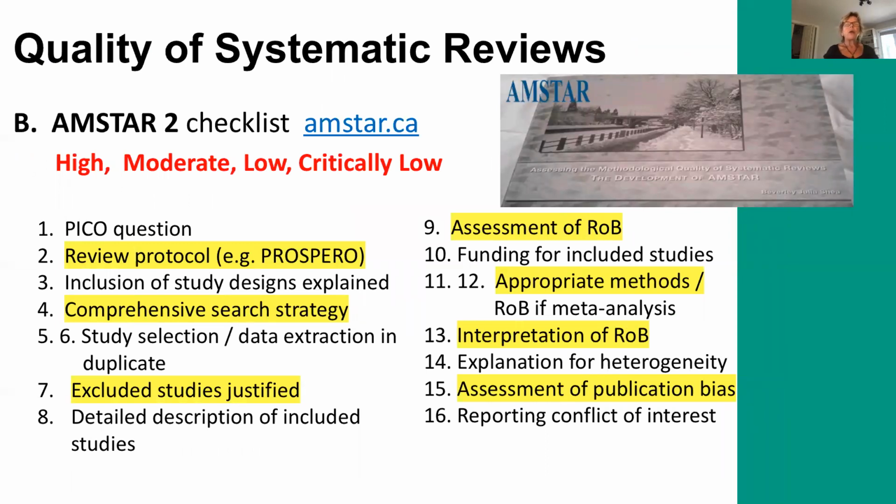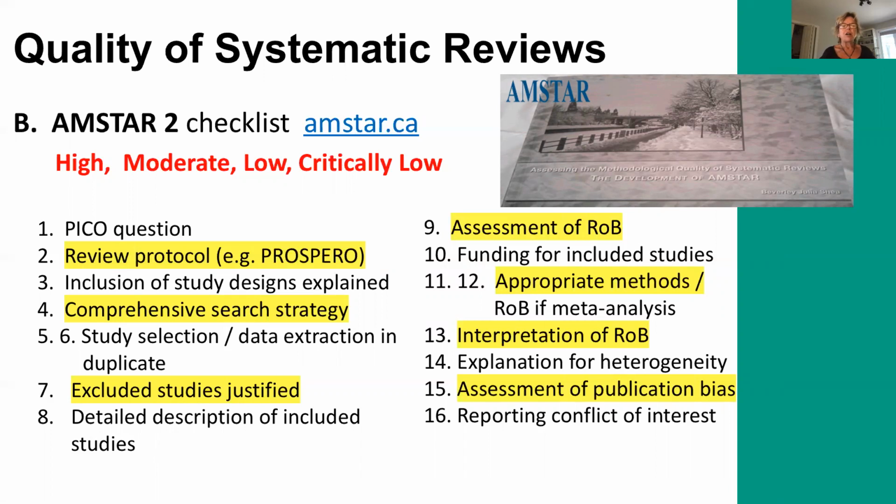If there is no GRADE, another way to look at the quality of a systematic review is the AMSTAR checklist. AMSTAR stands for Assessing the Methodological Quality of Systematic Reviews. AMSTAR 2 in particular was developed to appraise systematic reviews of randomized controlled trials and non-randomized studies of healthcare interventions.